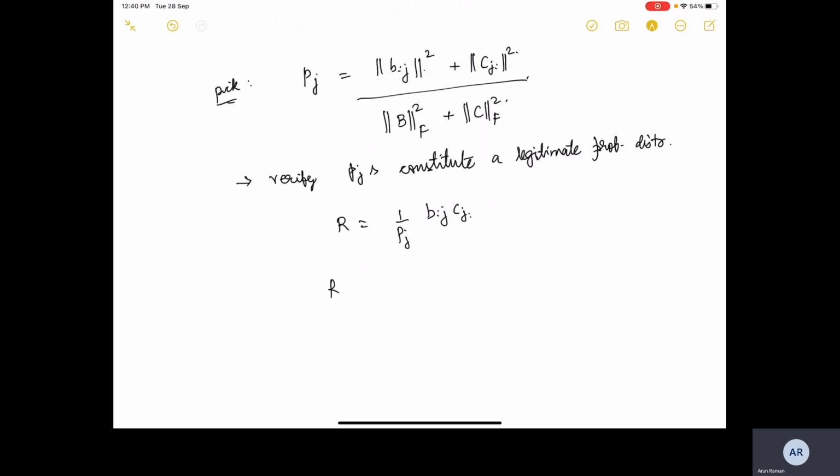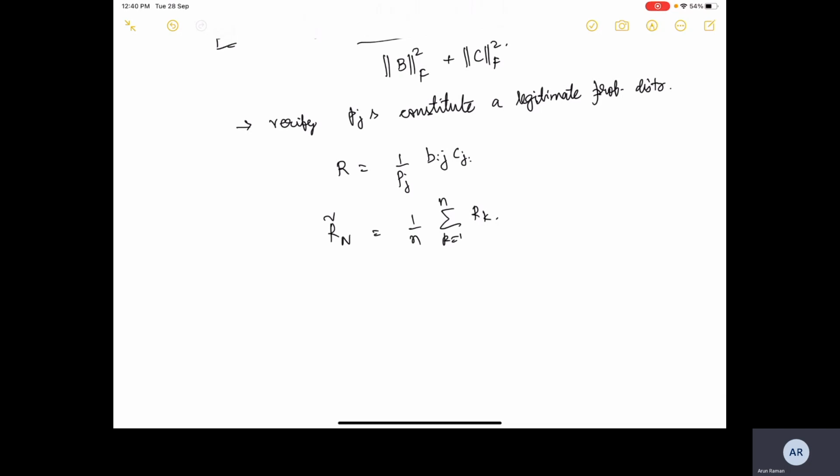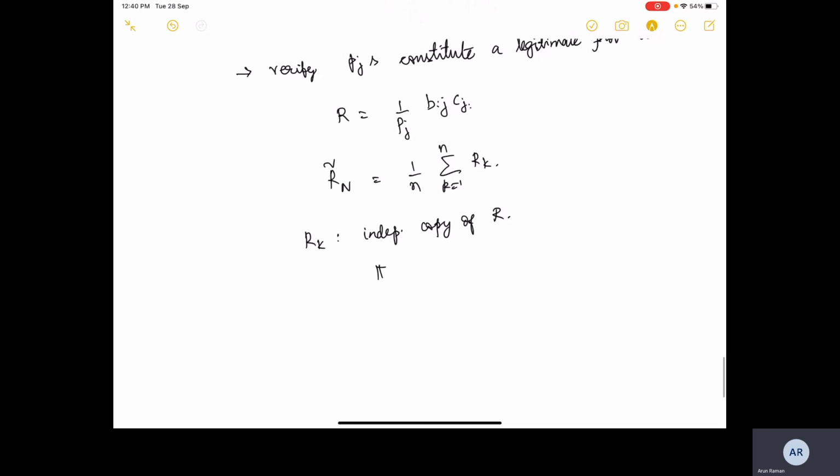This is R. And then we define R̃_N as the sum over k equal to 1 to N of Rk, where each Rk is an independent copy of R.